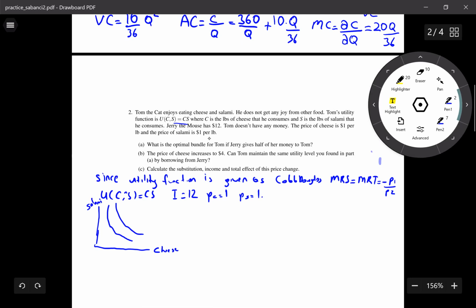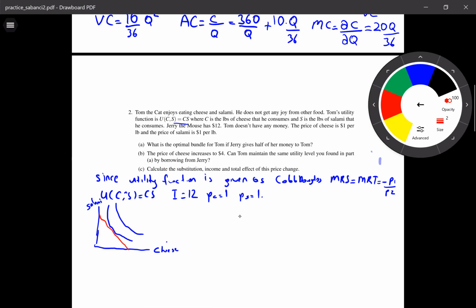Then we also have this budget constraint, intersecting at 12 and 12 as the initial one.